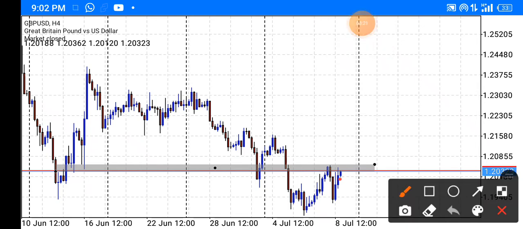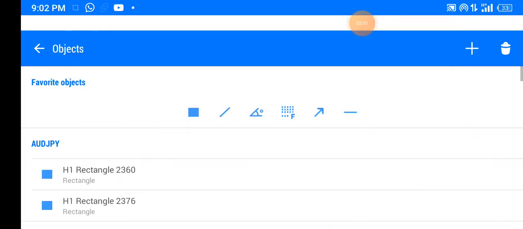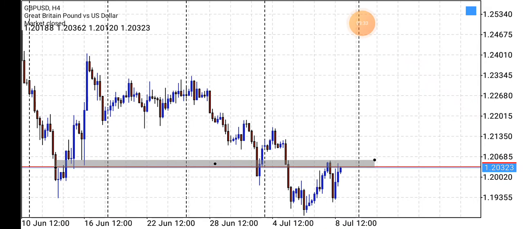We want to see a rejection here, or we can also anticipate that if there's no rejection here, we can look forward to see if the market can return back to this zone.